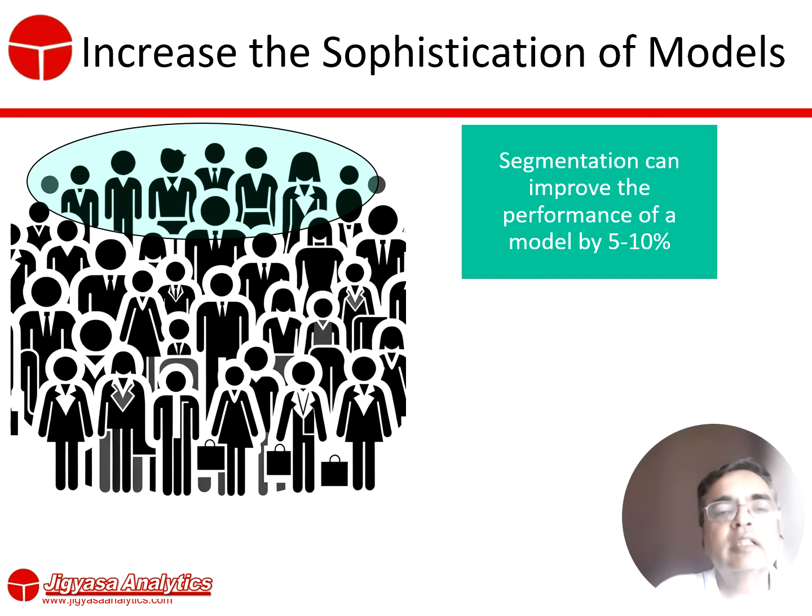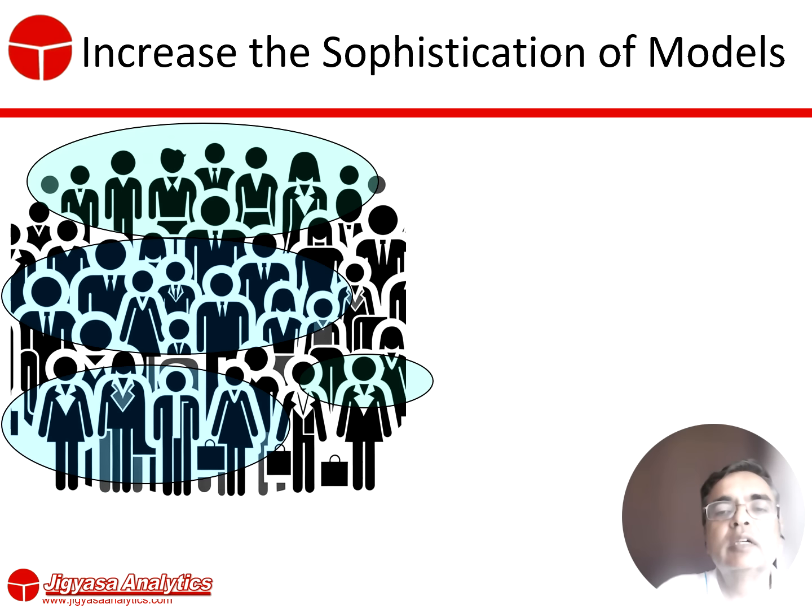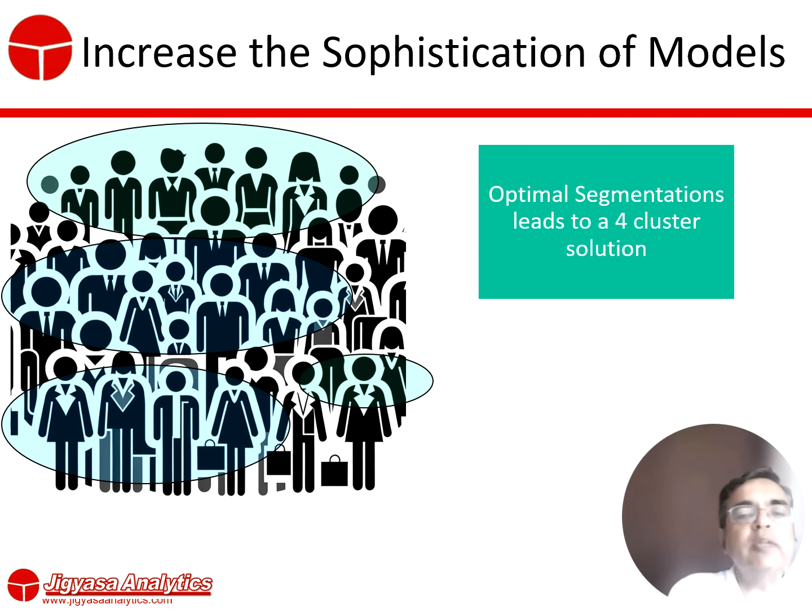We are applying the segmentation algorithm to our customer base, and we get one segment, we get another segment, we get a third segment which is very small, and then we get a fourth segment. So the optimal segmentation leads to a 4 cluster solution.